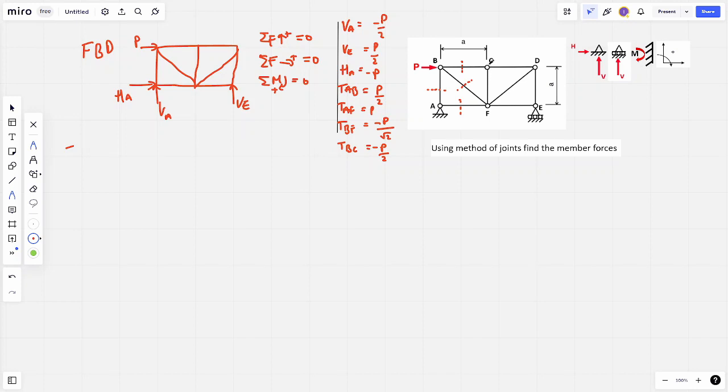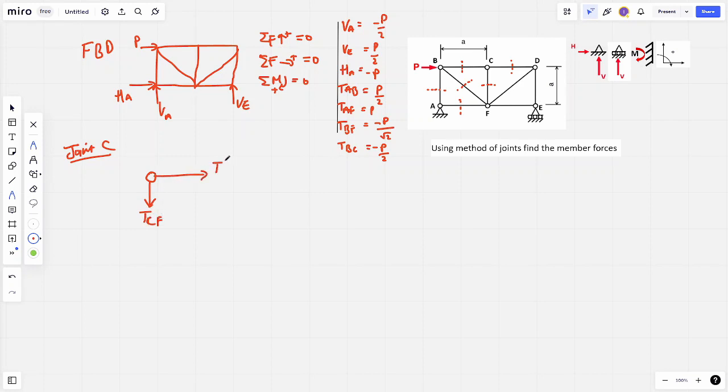At node C, we've got a vertical member going straight to F, which is unknown. We're also going to take a cut between C and D. So let's look at the free body diagram of joint C. We've got a tension going from C to F, which is again unknown.